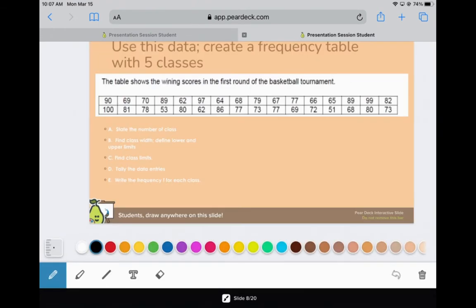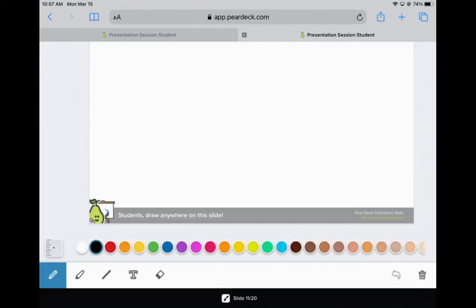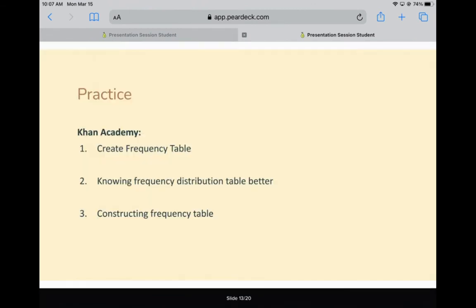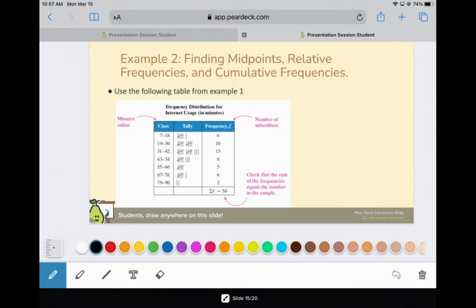I'm going to skip around a little bit because I want to look at the table. Okay, so let's look at this one. You can share with me in the chat if that's possible. So the first thing I'm going to ask you is, I just want to use this table.